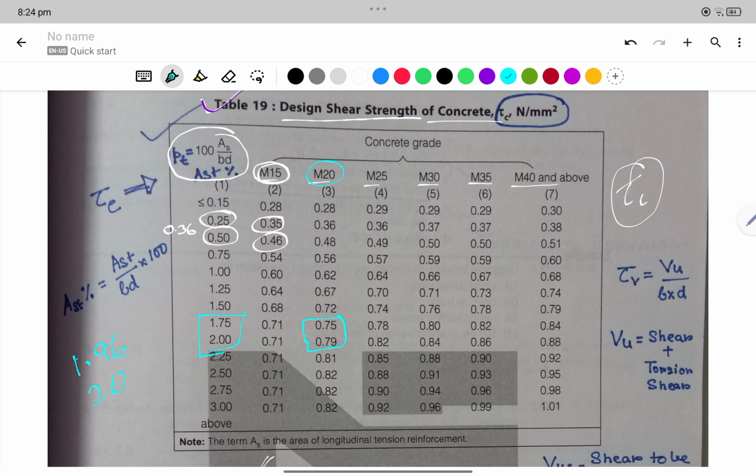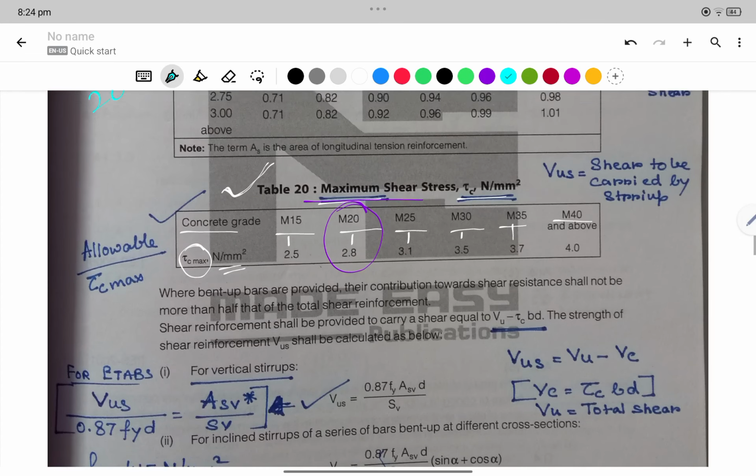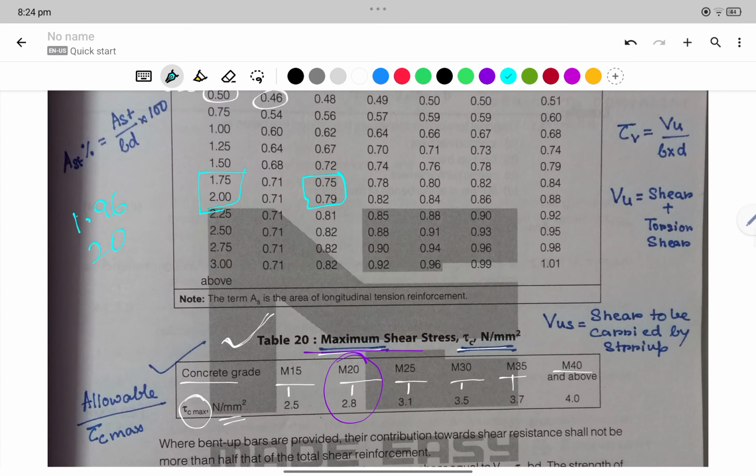So we have to do the interpolation. Let's see. I have to write the values.